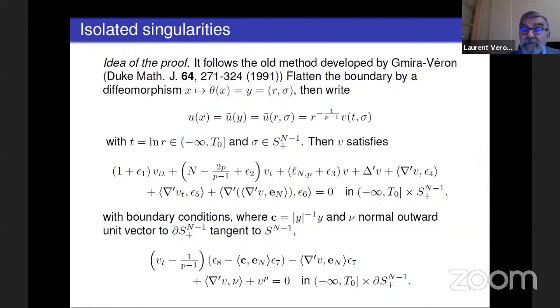So remember that, for example, if the boundary initially was a flat one, that means if the problem was in R^n_+, all the epsilon j are 0. So it is just a perturbation of the problem in the flat, in a non-flat domain.